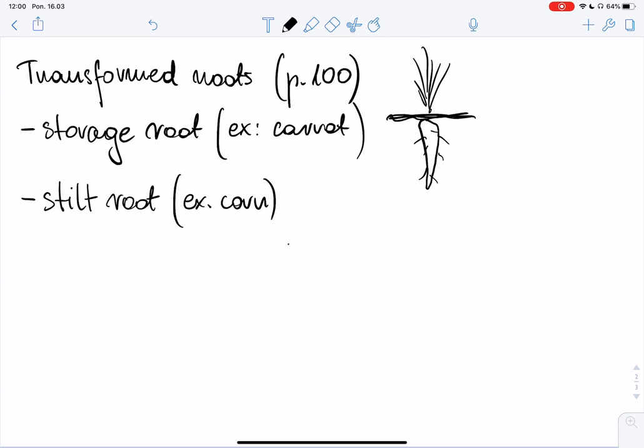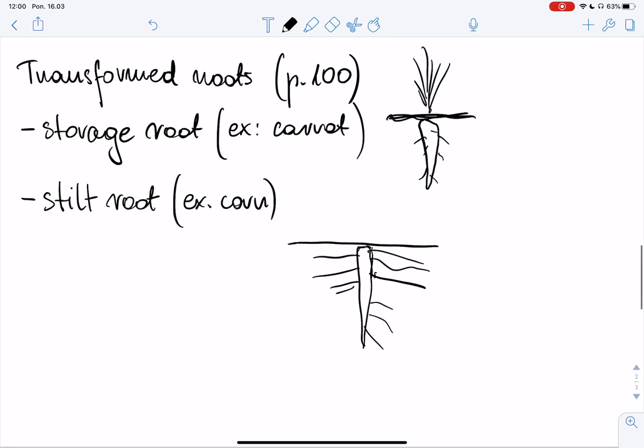And it looks like this. Here you have the ground level. Here you have the taproot, which is the biggest one growing. Then we have secondary roots that are spreading like this. But there is something more. Once above the ground, the plant also releases roots that are hanging somehow from the stem, and they go directly into the ground.